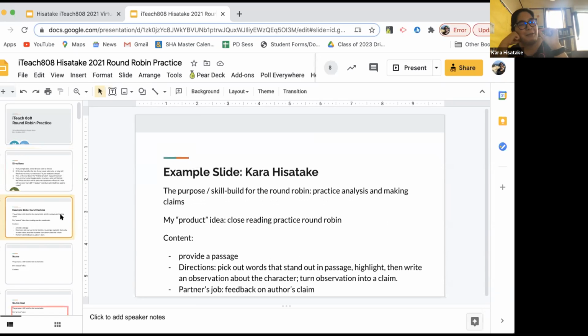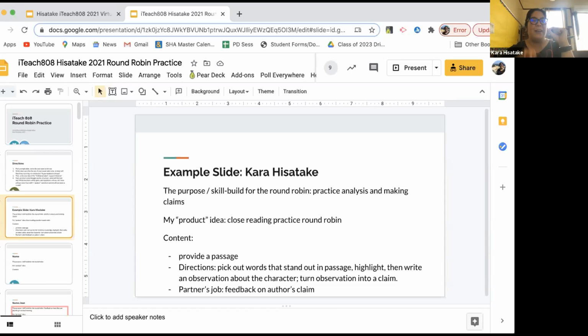So I have an example here. The purpose skill would be practicing analysis and making claims. So we would maybe do a close reading round robin practice. That might look like providing everyone with a passage on their slide, asking them to annotate and then making a potential claim about that annotation.